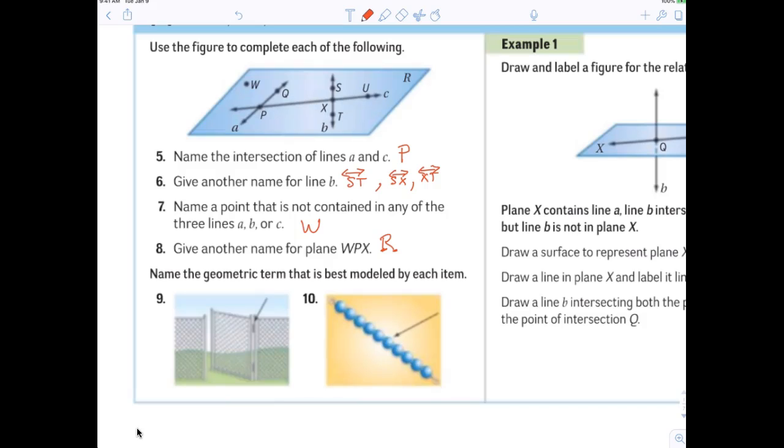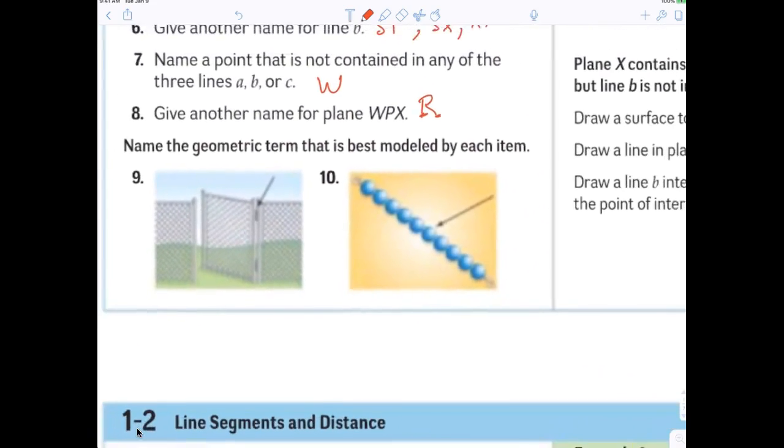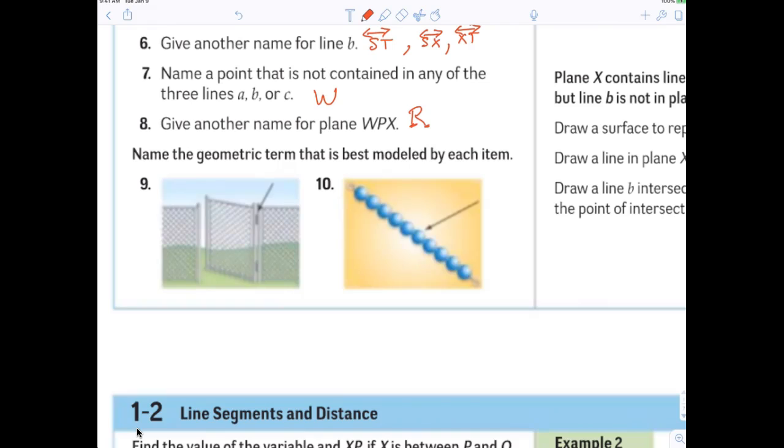All right, so 9, it's kind of hard to see. Sorry, when I copied it, I wasn't sure if you would have your books. Everybody has their book online now, right? I think they're pointing to this right here. We could call that a line, or a segment.